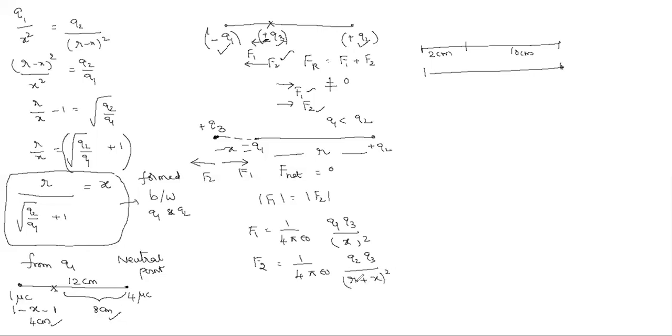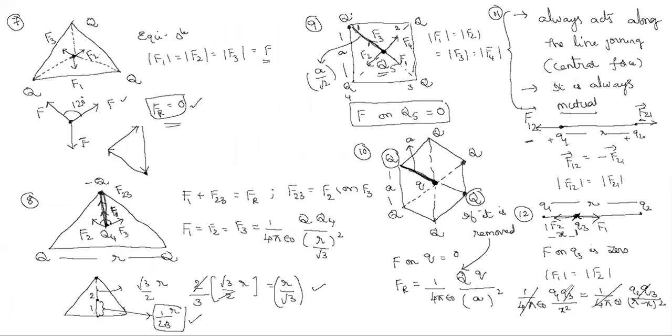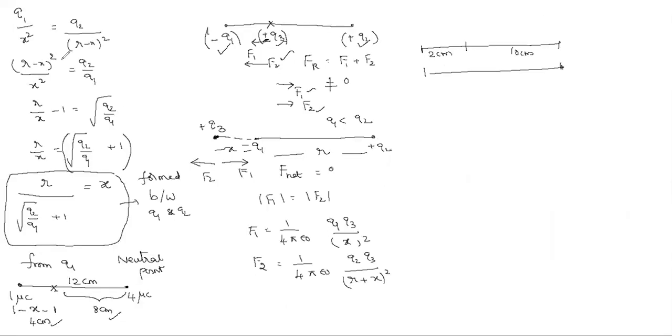No need to derive. Previously we got r minus x whole square. Now here you will get plus, and in the denominator you will get minus.